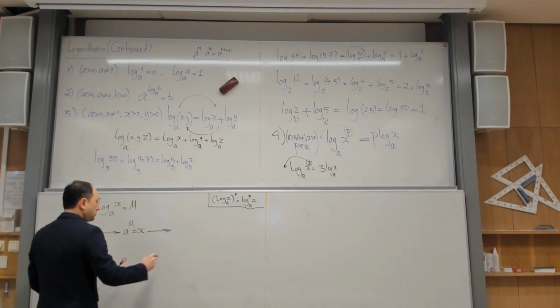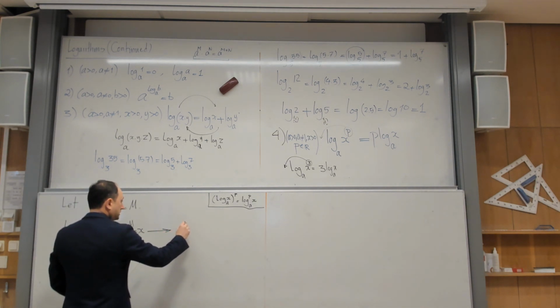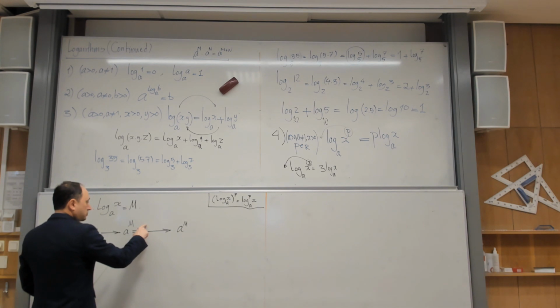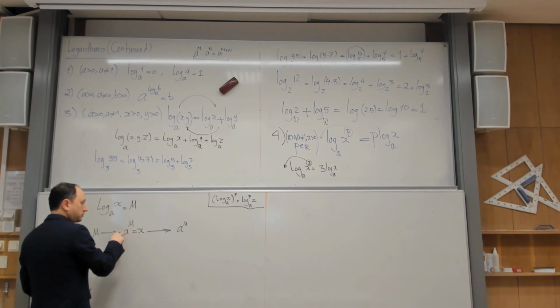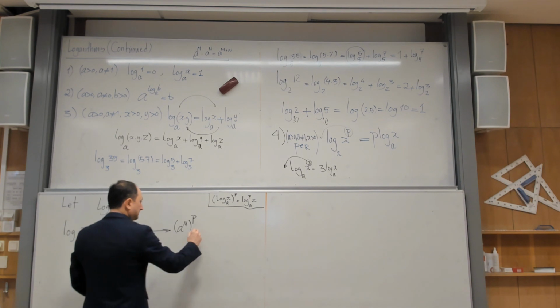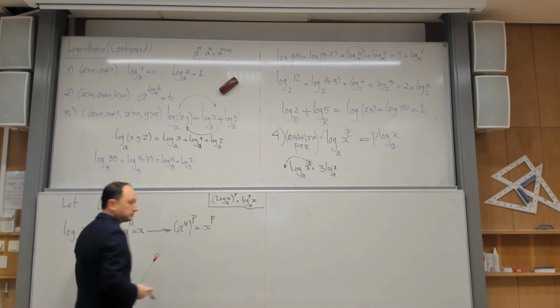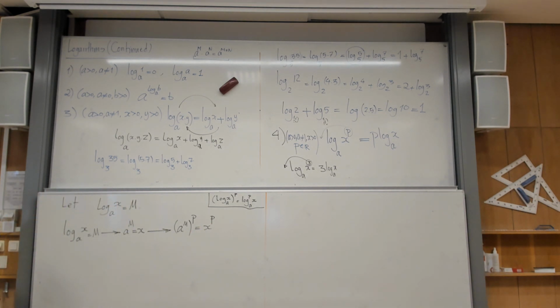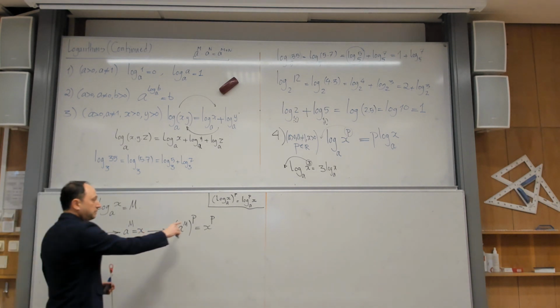So it motivates me to construct it. If I want to have x to power p, I have to raise it to power p. But if I raise the right hand side to power p to keep the equality intact, I have to raise the left hand side to power p as well. But then this immediately appears, yes?